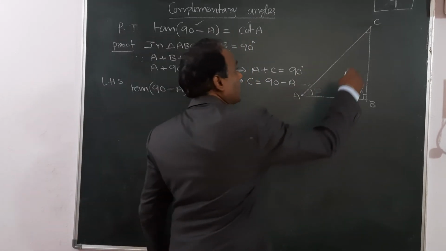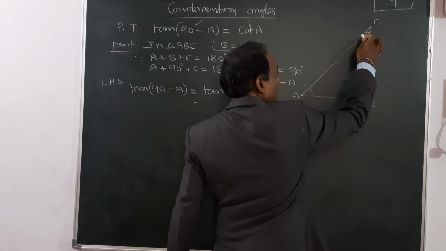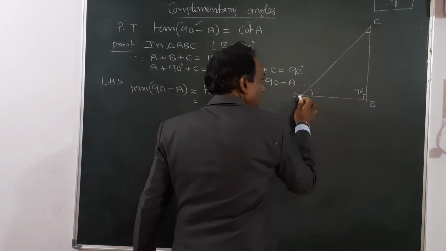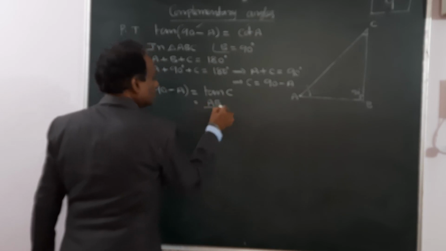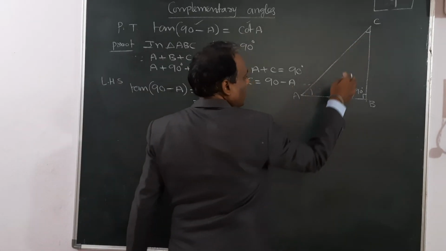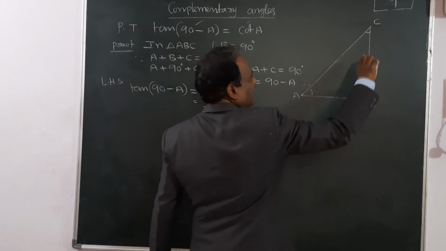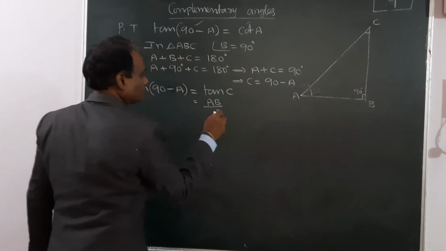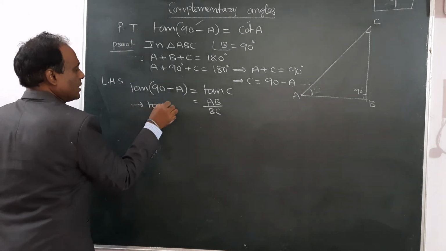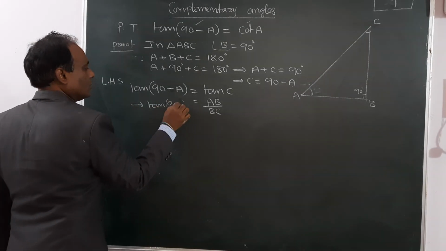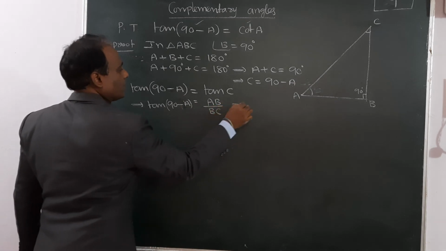For this C, what is the opposite side? AB. Adjacent is BC. So therefore, tan 90 minus A is AB by BC. Leave it.